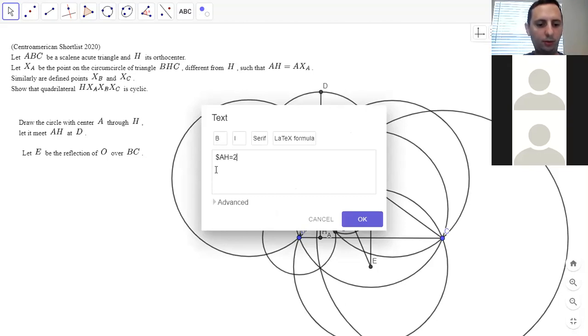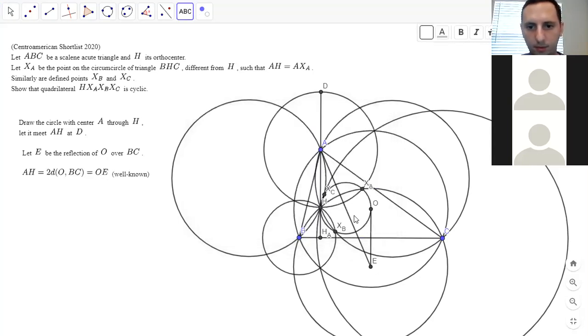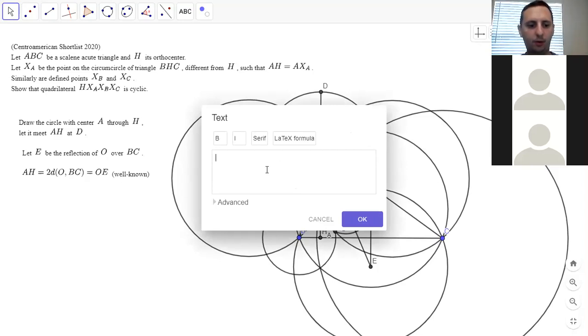I'll say AH is twice the distance from O to BC, which is equal to OE. So AHEO is a parallelogram.